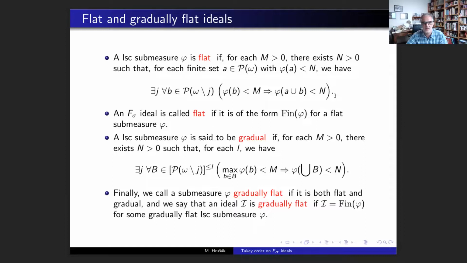So every such submeasure is flat, and again we call an ideal flat if it is Fin(phi) for a flat submeasure.